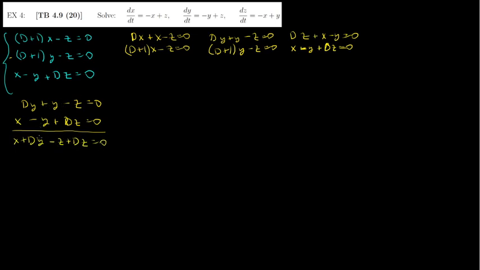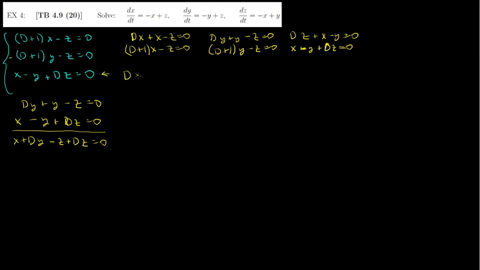Well, okay, that eliminated the y. It did not eliminate Dy. So what can we do there to eliminate Dy? Here we just have x, z and Dz, and here we have x and y and Dz. So the thing I'm going to do is just take D of this.